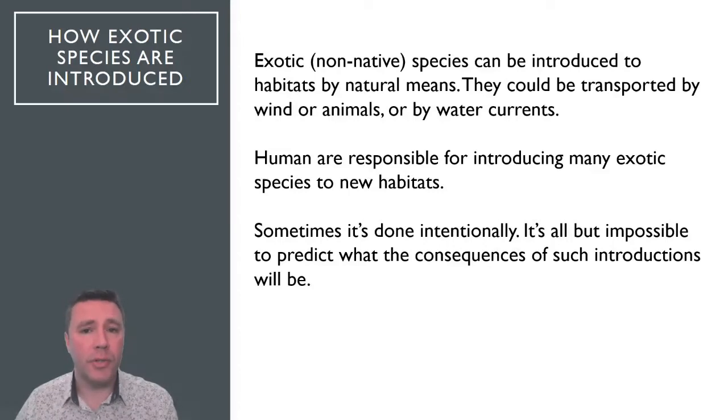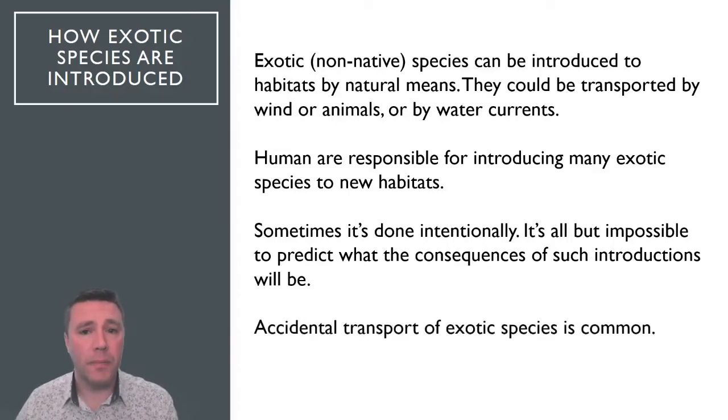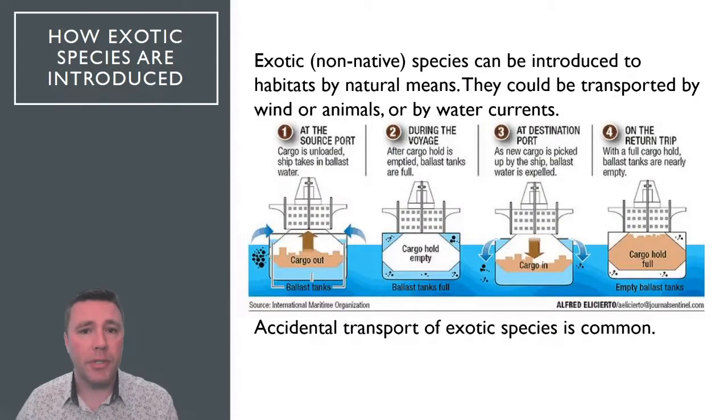Species introduction is also sometimes accidental. A really great example that illustrates this is the use of ballast water in ships. An empty cargo ship is inherently unstable and dangerous on the open ocean. So what the ships do is they pump seawater into containment areas that will help to stabilize the ship out on the open ocean when it's not carrying any cargo.